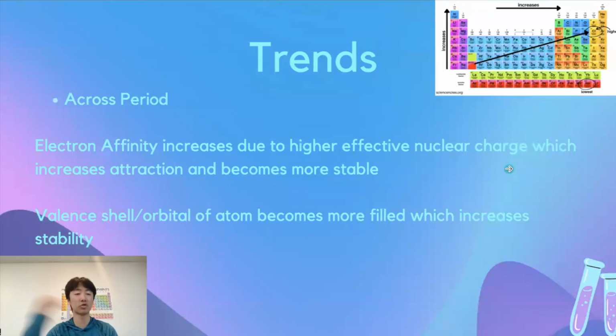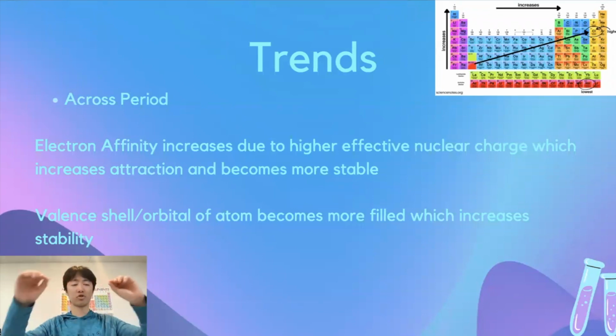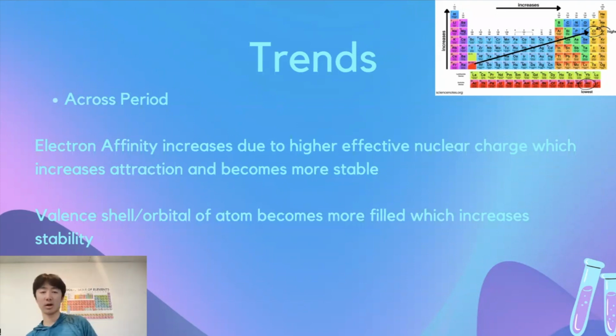So if you go across a period, how does this relate to trends? If you go across a period, the electron affinity increases due to the higher electron proton attraction, which makes it more stable and lose more energy. And also the valence shell or orbital of an atom becomes more filled, which increases the stability and liberates more energy, right?